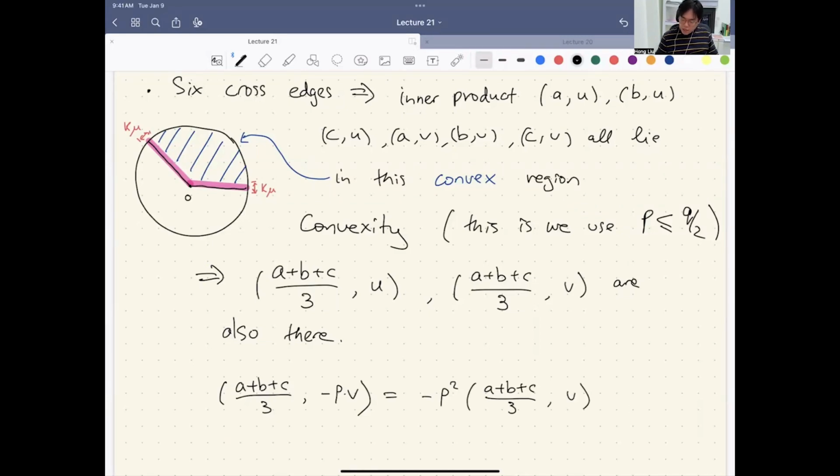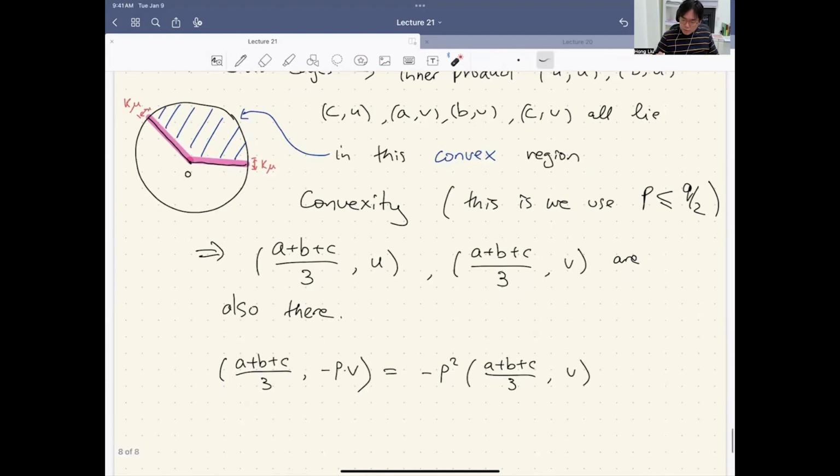Okay, and where is this guy? Well, this multiplied by -1 is counterclockwise 180 degree, right? So this is counterclockwise 180 degree.